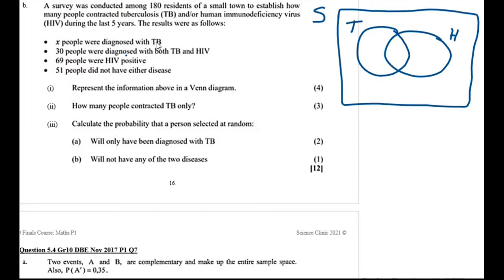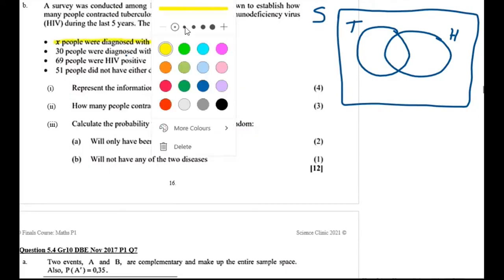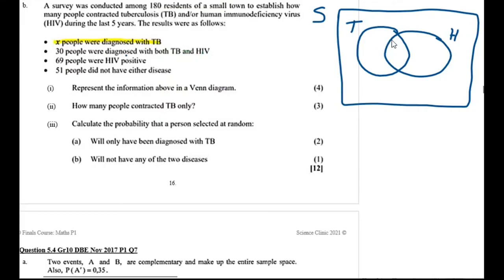And when I say it's important, it's just as important when it's missing. Okay, so when they say X people were diagnosed with TB, that means everything in the TB is X. This entire circle is X. The problem is, do you see that that circle is split into two sections?